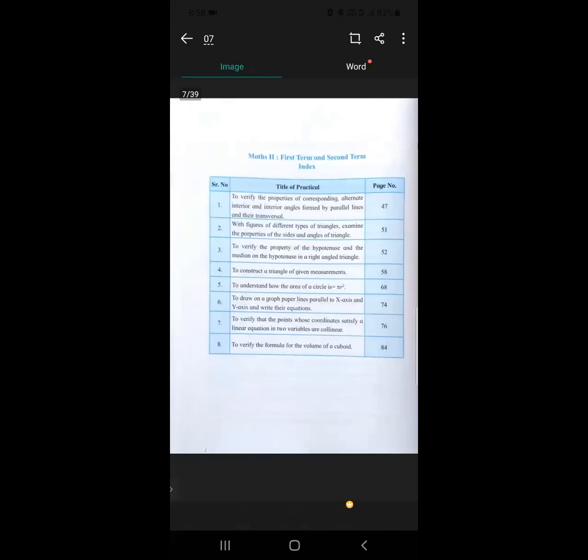This is maths 2. Again, in maths 2 there are 8 practicals, and in maths 2 the last topic, that is surface area and volume, and some smaller topics from the remaining chapters, have been cancelled.